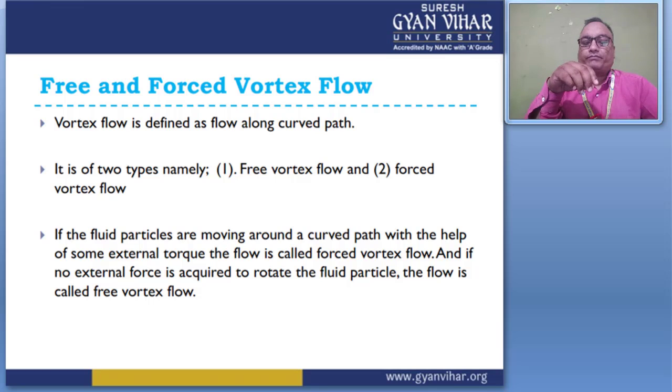But a whirlpool, or in air, due to air pressure some boundaries are created in the air, these are called free vortex flow, right? So these are some examples related to free vortex flow theory.